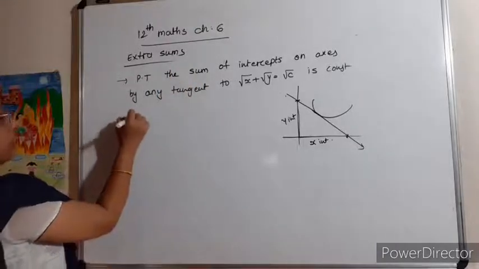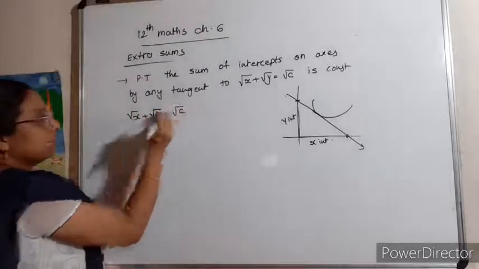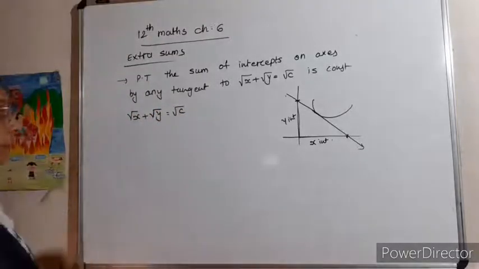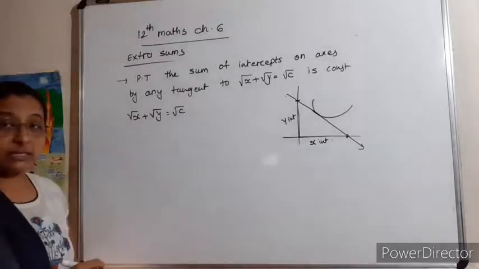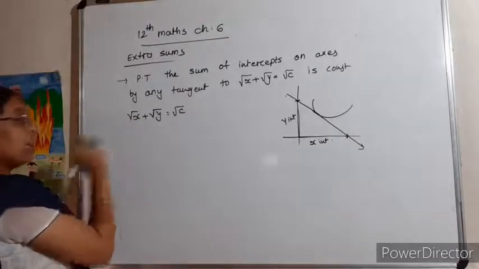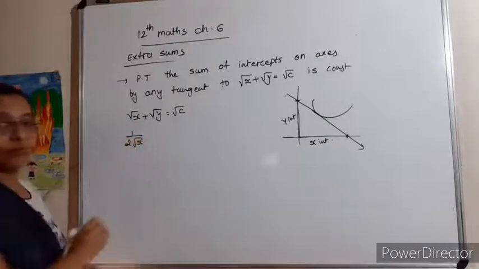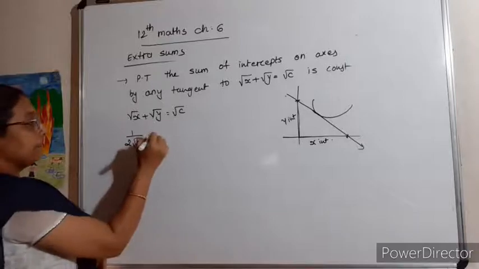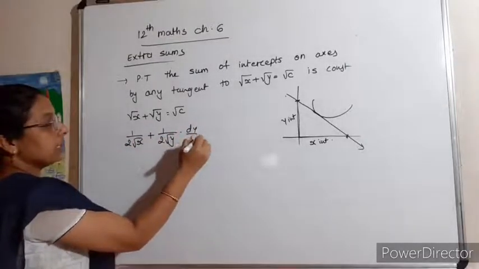So root x plus root y equals root c is the given curve. If you want to find the tangent, then you have to find the slope of this. So dy by dx find करेंगे. That is पहले root x की डेरिवेटिव 1/2 root x, रूट y है 1/2 रूट y dy by dx.